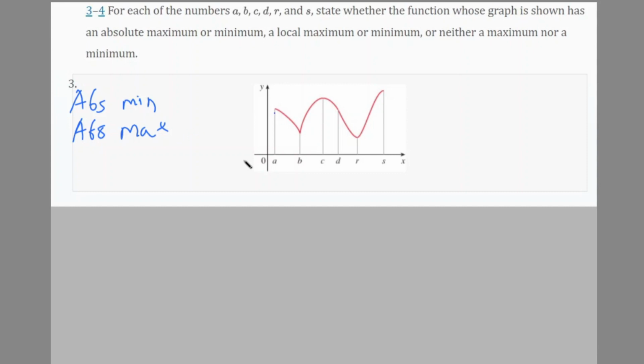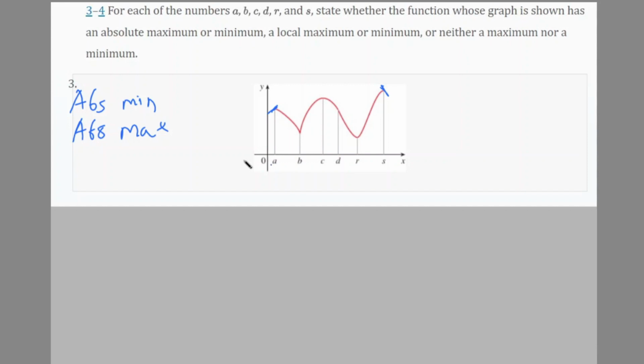But one main thing to note is that the endpoints right here, like the end of the interval, could be absolute minimums and maximums, but they can never count towards local minimum or maximum. So for example, S here would be an absolute maximum, and A over here, if the interval were to continue, could be a local maximum.